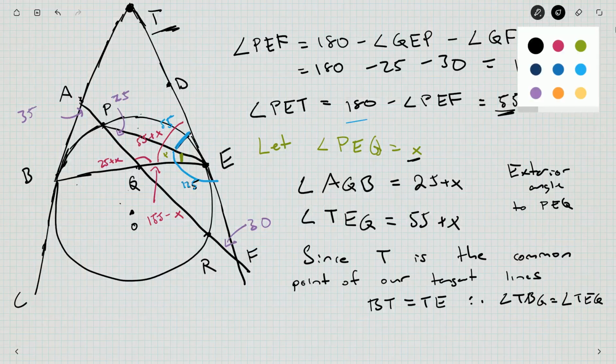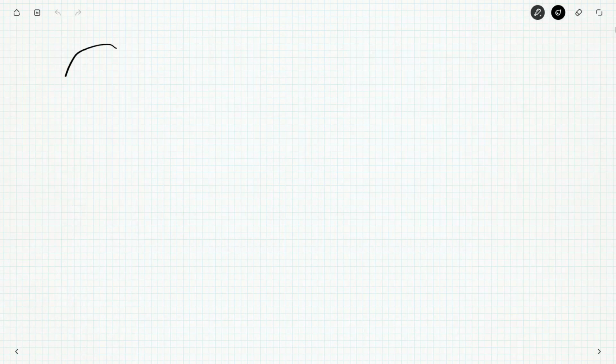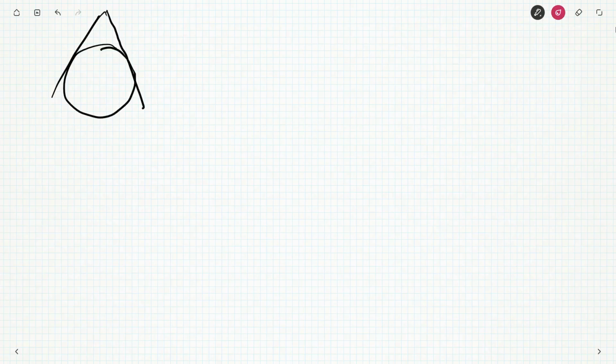So why does this work? I'll show you why it works on a separate piece of paper. If you needed to prove this in just a really quick minute, it's a nice circle result, but whether or not we remember all our circle results is a different story. We can prove it actually by using the center.